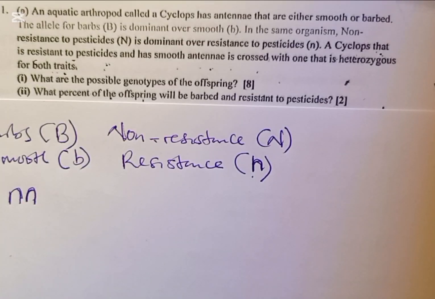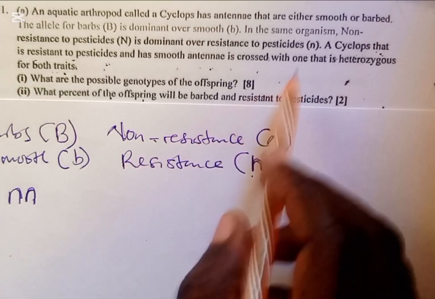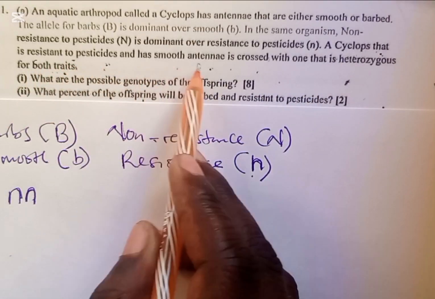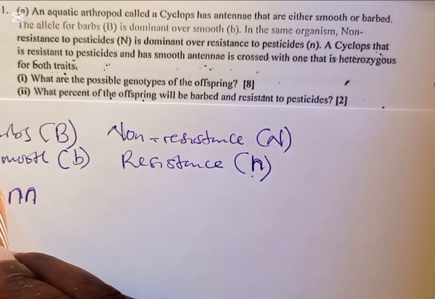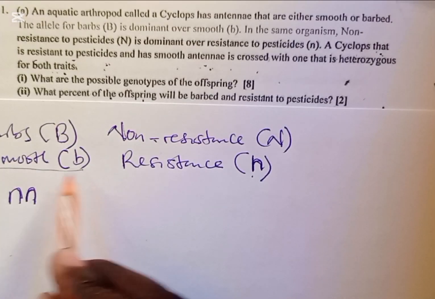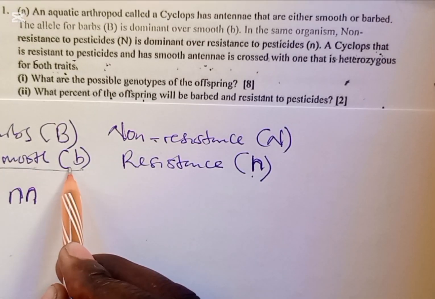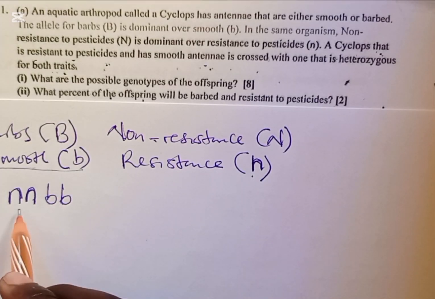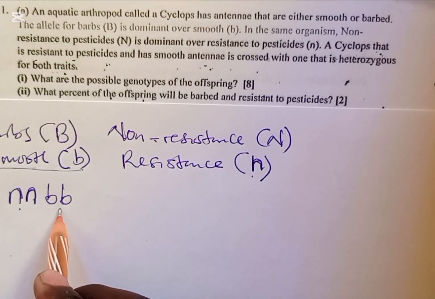This is the only way it can be expressed. Now, they're saying it is resistant to pesticide and has smooth antenna. The smooth antenna is a small b, and the only way this recessive allele can be expressed is when it appears like this, small b small b. So meaning we have resistance and smooth antenna.